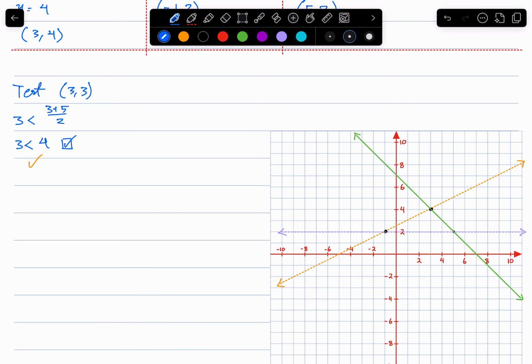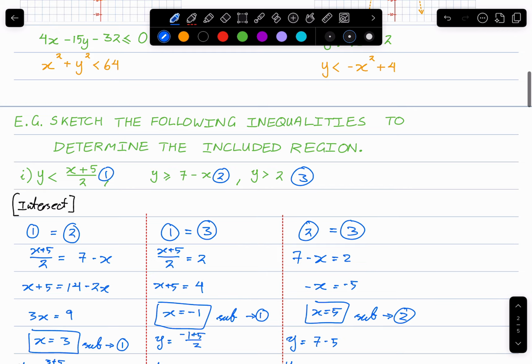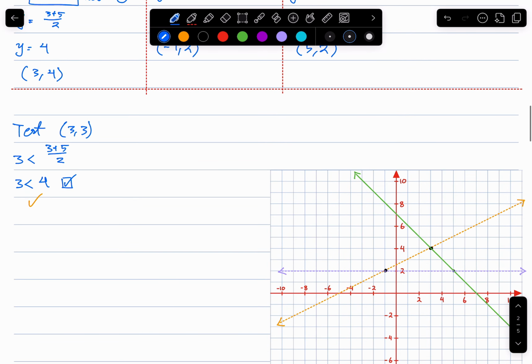Doing it for the green now. We get 3 is greater than or equal to 7 minus x, which is 3. 3 is greater than or equal to 7 minus 3, which is 4. That is false.